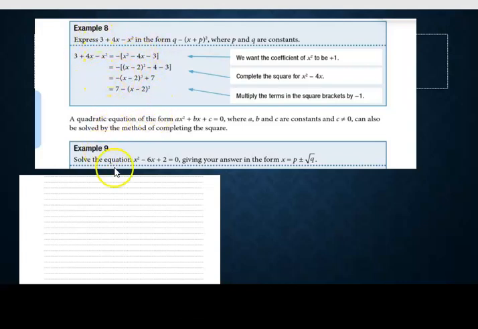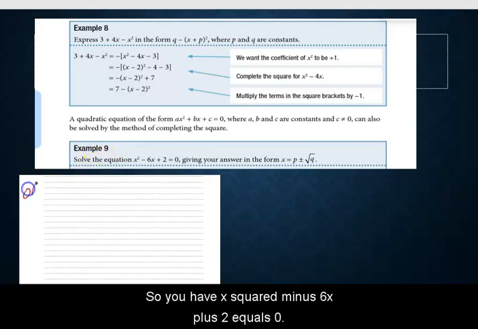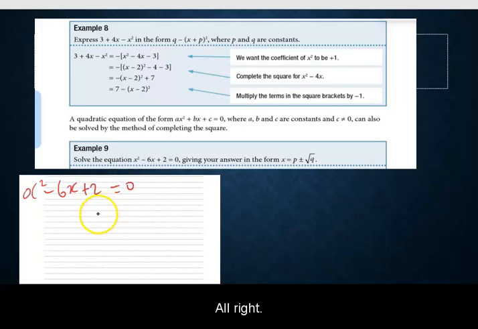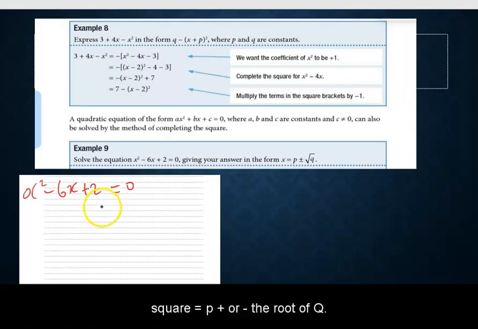Question 9. Solve the equation x squared minus 6x plus 2 equals 0. You are supposed to give your answer in the form x equal p plus or minus the root of q.